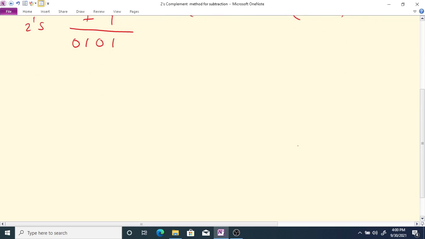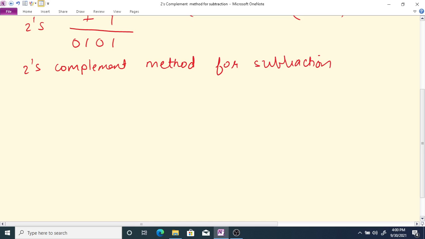Now, we will see the 2's complement method for subtraction. Procedure.